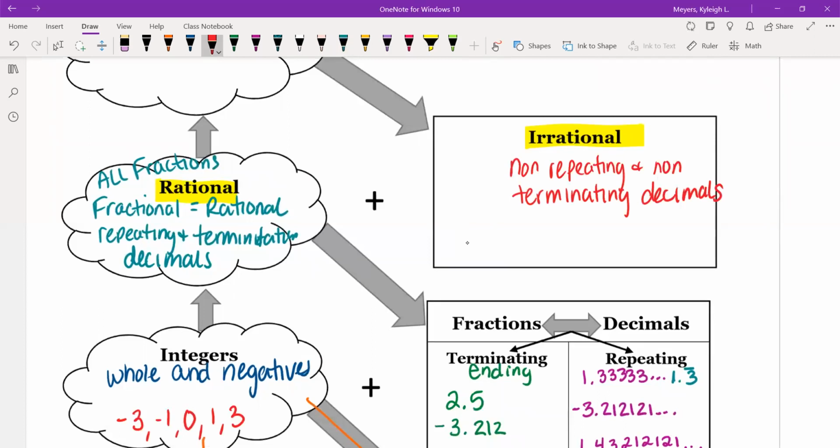And also non-perfect square roots. We'll talk about what those are in a moment.